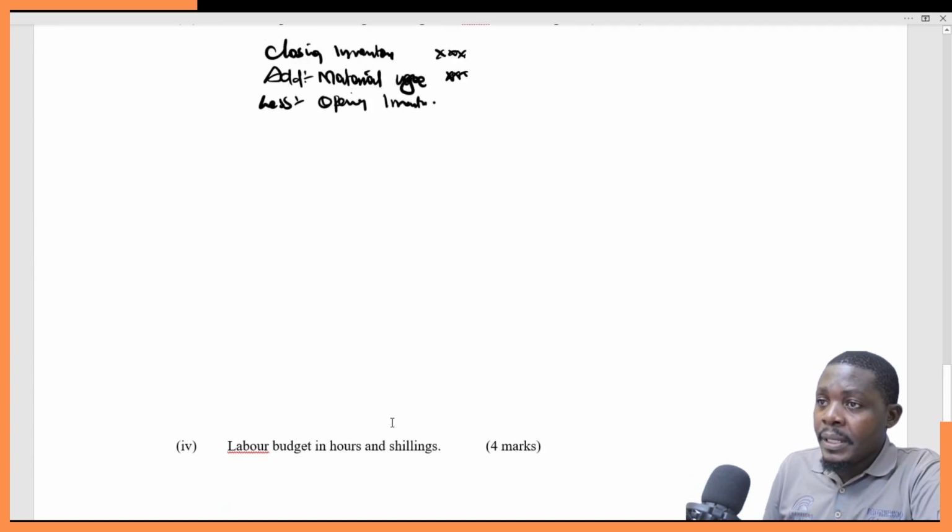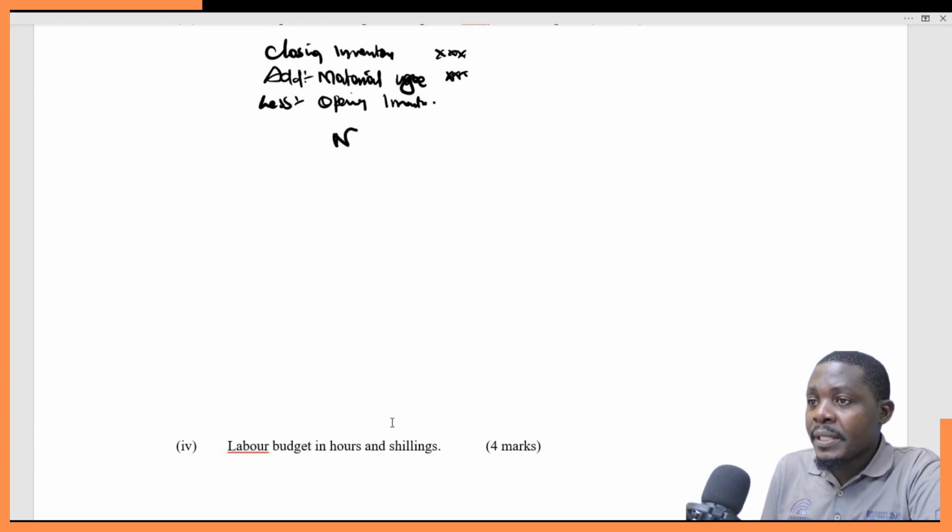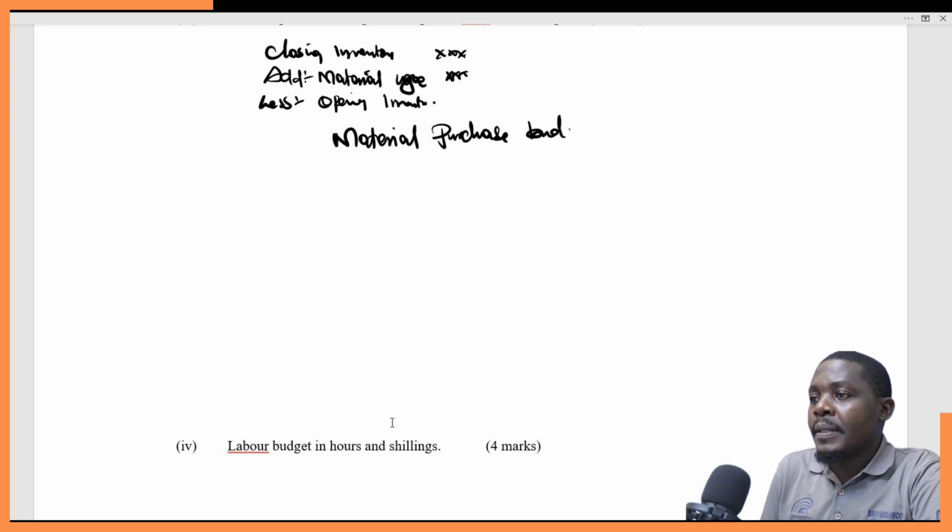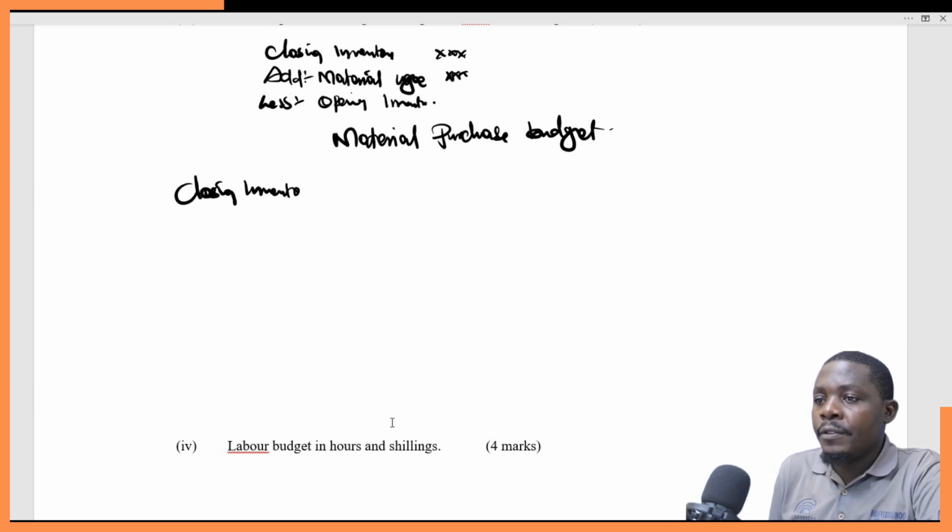In that case, we can do the material purchase budget. Well, we start with the closing inventory.